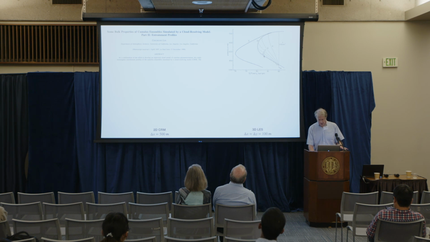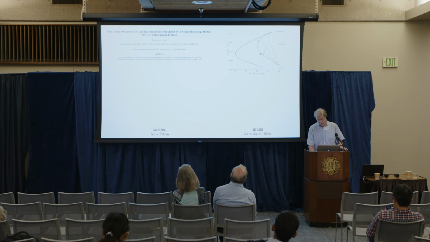And in Arakawa Schubert, these fractional entrainment rates were taken to be constants, and you ended up with these various cloud types. This line here represents the height where these become non-buoyant. So a rapidly entraining cloud would reach this high. One without entrainment would reach up to here.